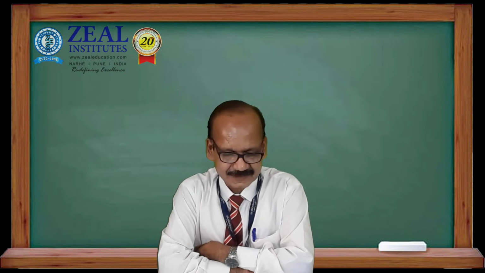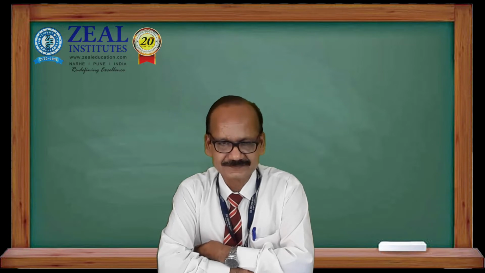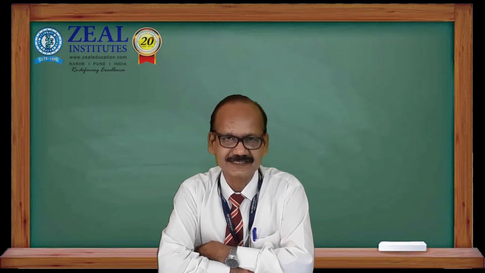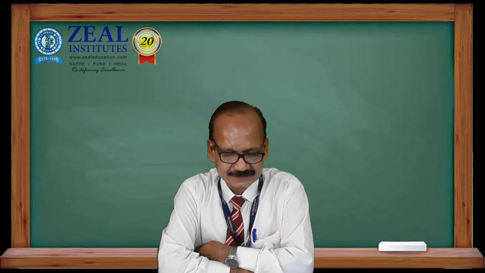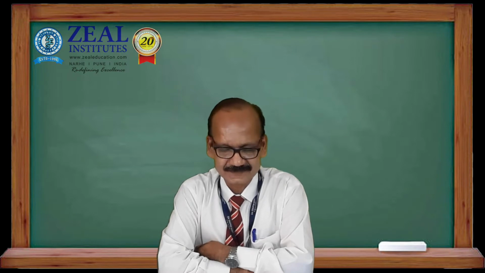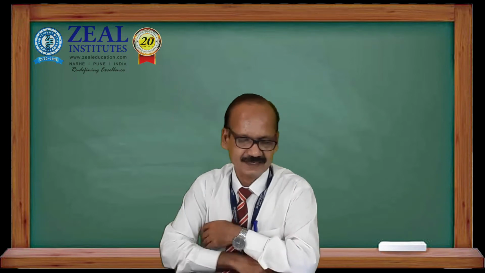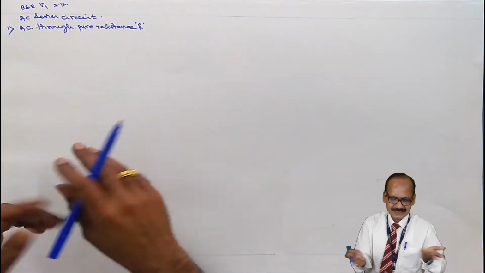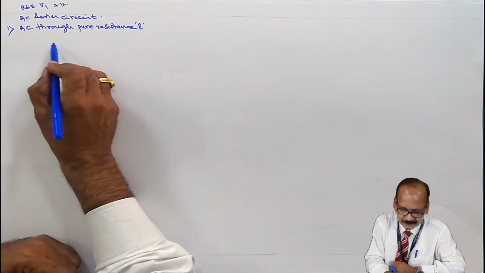So in this video lecture, we are going to learn the AC series circuit, in which the first part is alternating current through pure resistance, AC through pure resistance capital R. Now the diagram is like this.